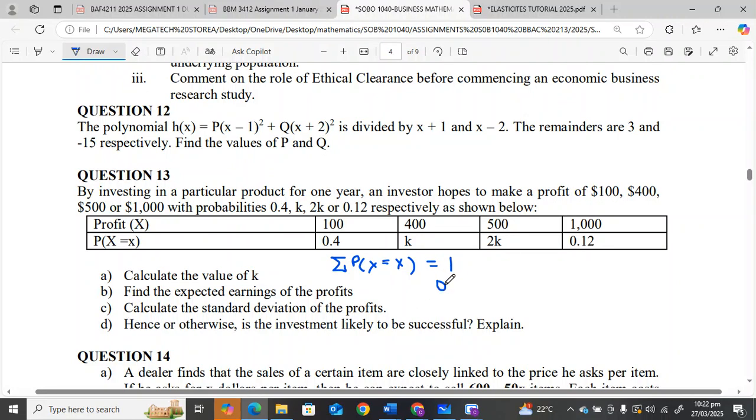You say 0.4 plus K plus 2K plus 0.12 equals 1.